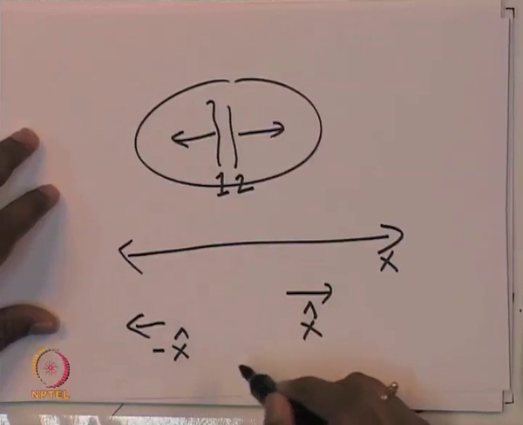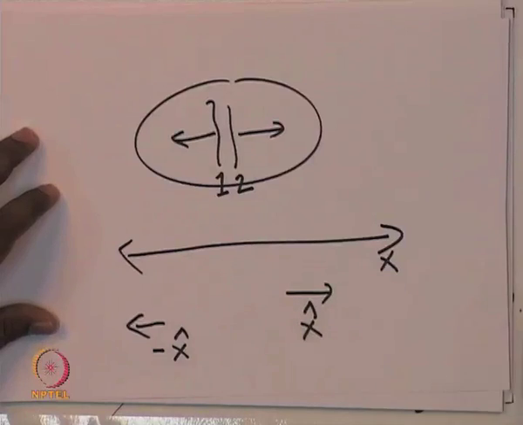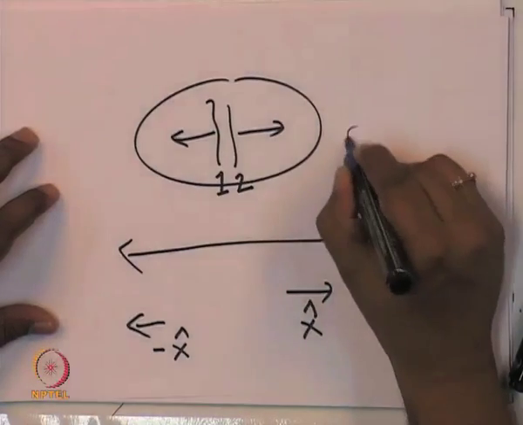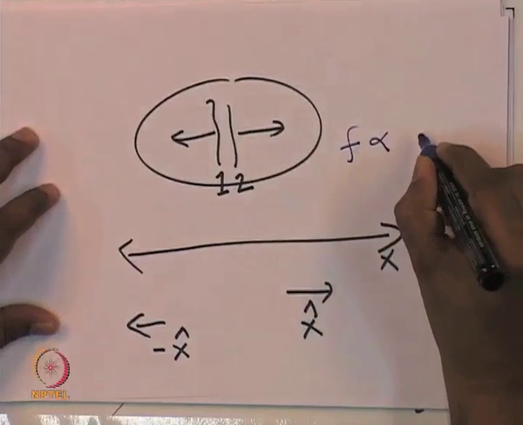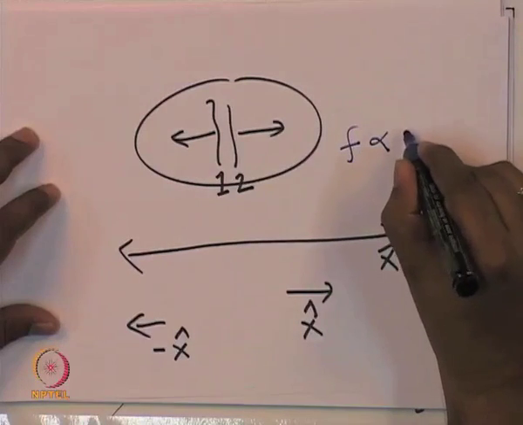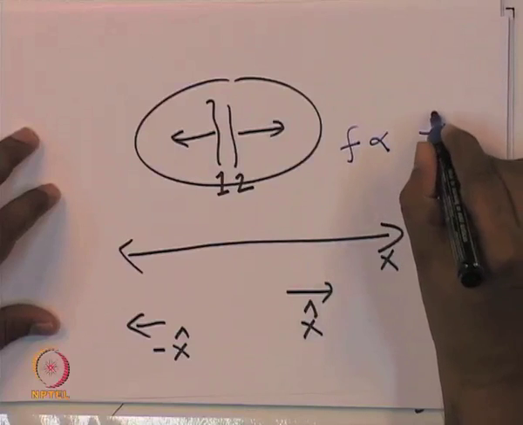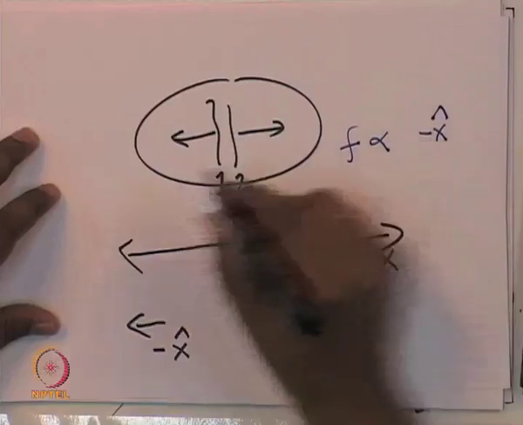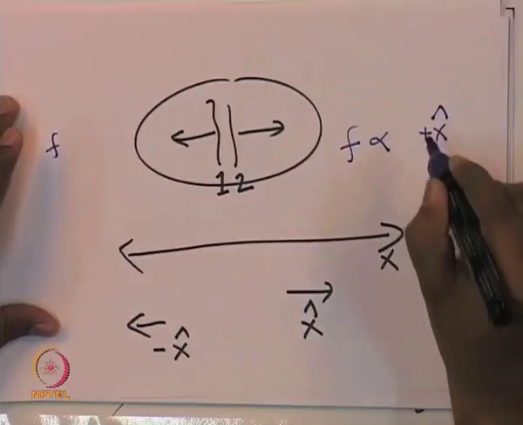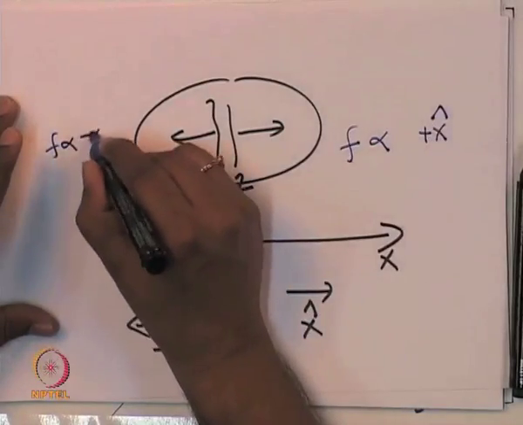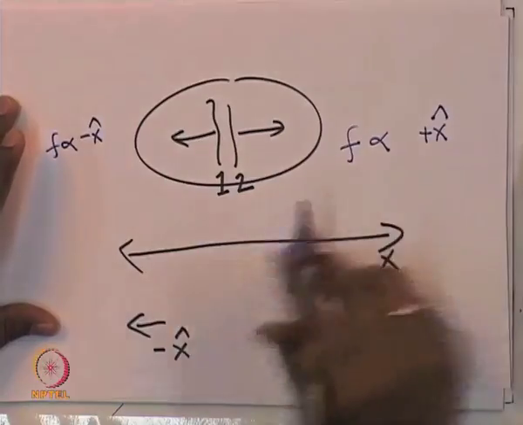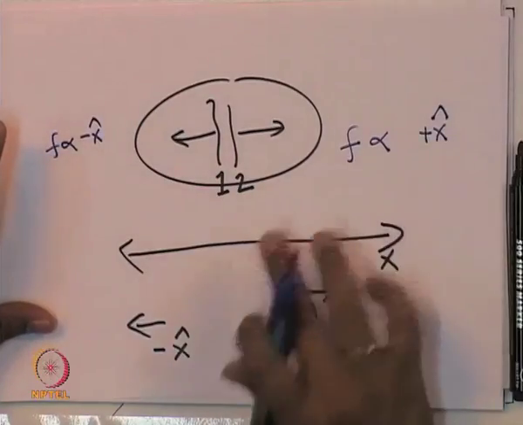So, the force along this has to be some constant times minus x, and here plus x, and here it has to be minus x. This is clear from this. So, this is the basic idea.